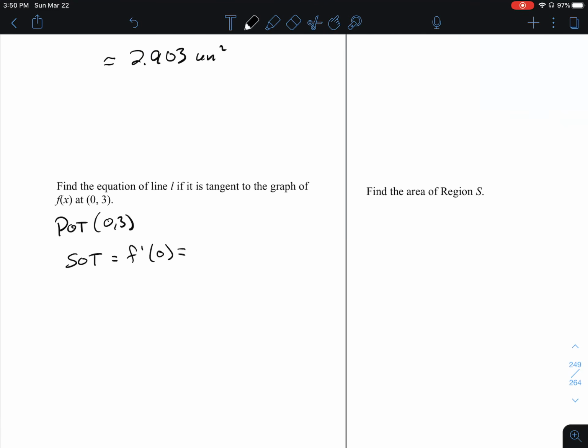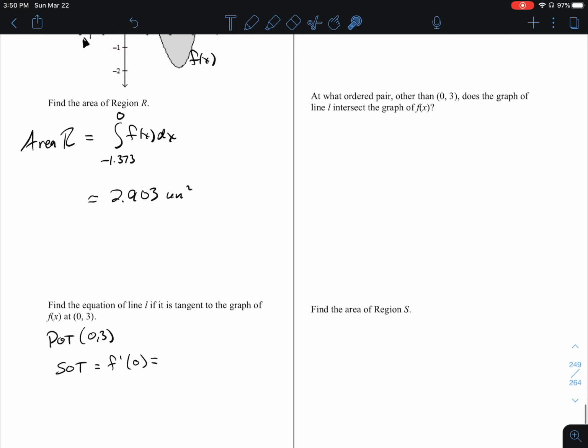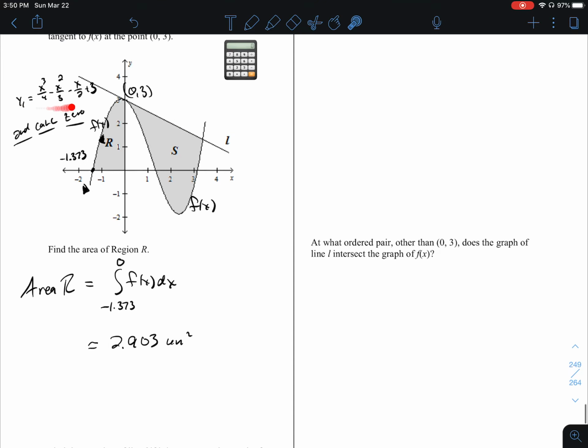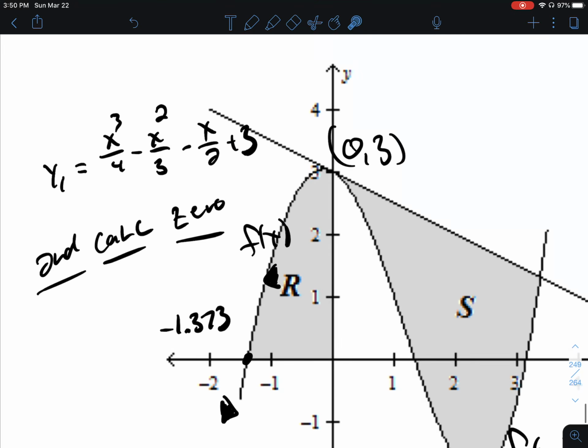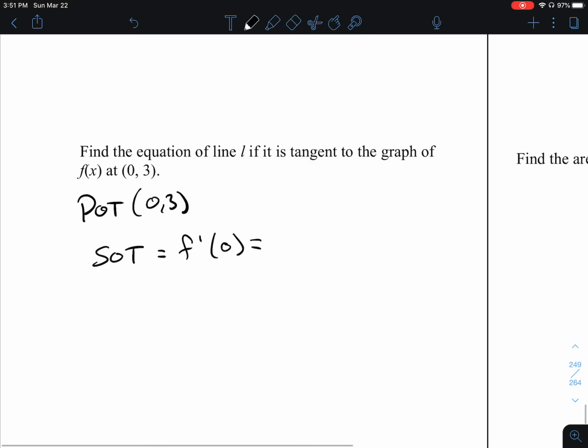If you do that, let me just grab my calculator to remind myself of how you punch that in. Yeah, so once you have this function graphed into y1, this function meaning this one here, you hit second, calculate, and then you choose option 6, dy over dx, and then choose the value of 0, and it should give you that the slope is negative 1/2.